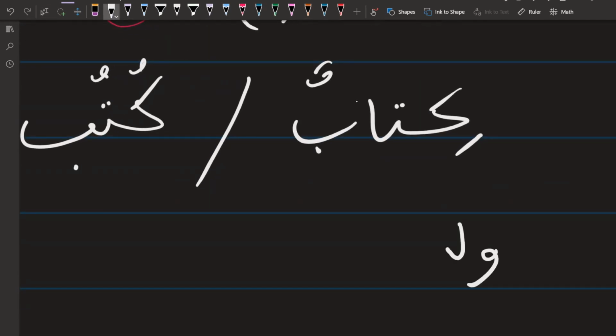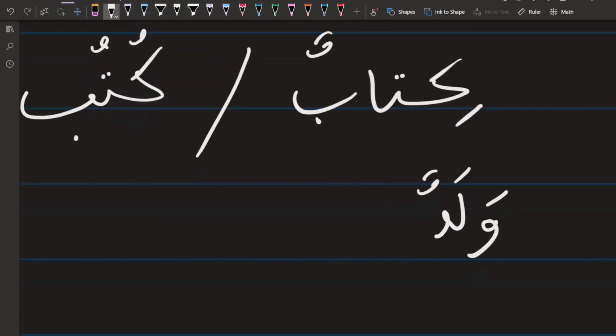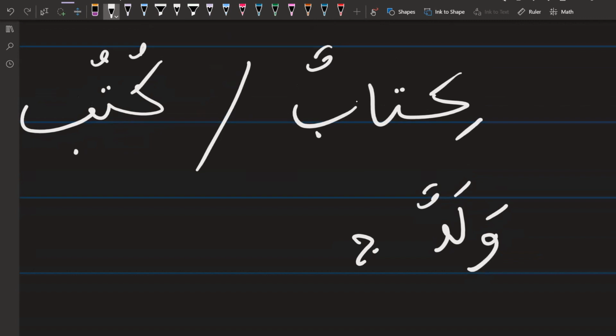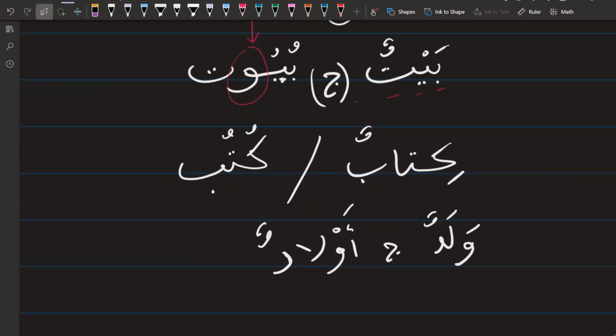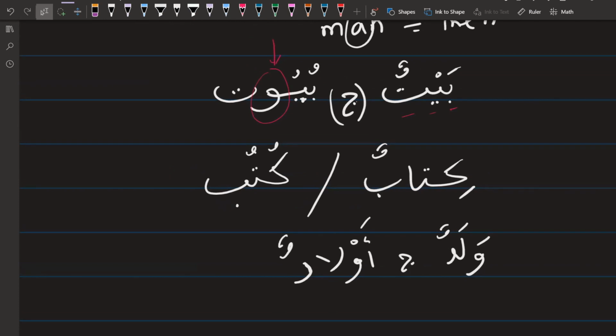For example, waladun, the word was very harmless, simple, three letters. The plural turns out to be awladun, subhanallah. So how many letters did we add? We literally added 2 letters. We added hamza and alif. So that is what we mean by the broken plurals.